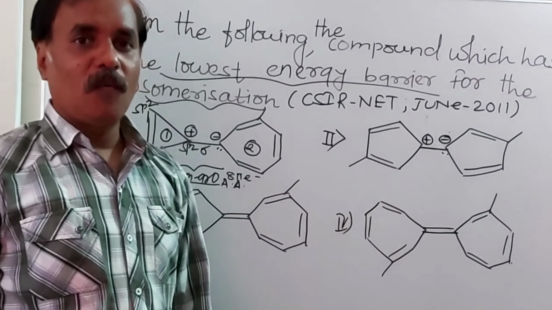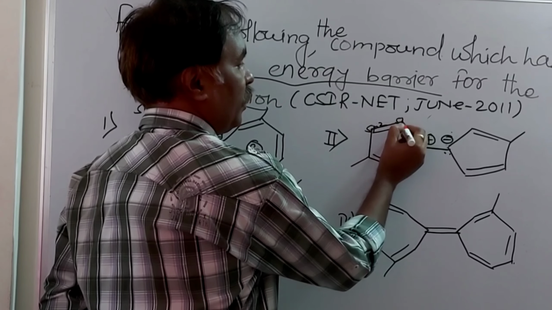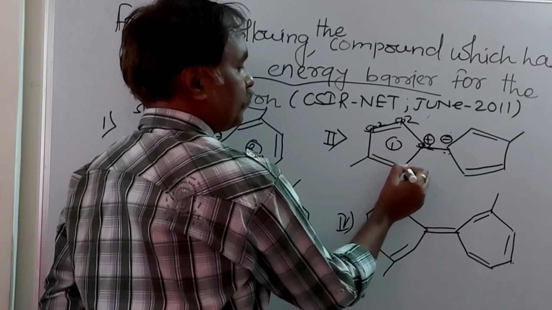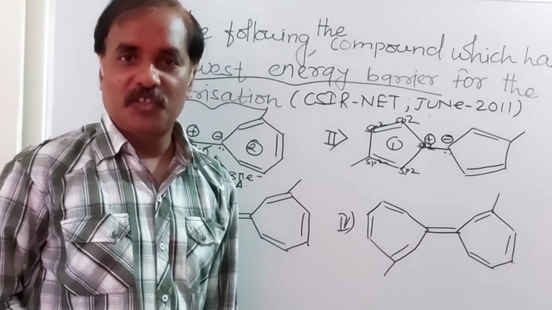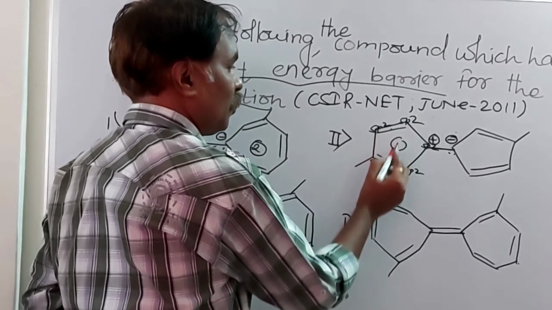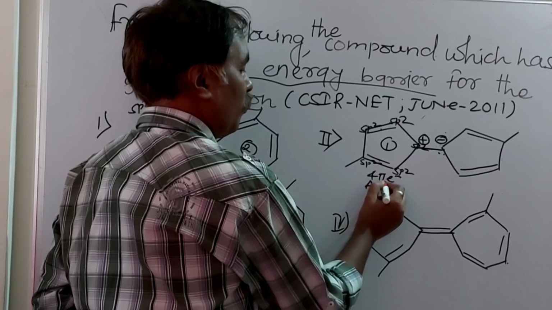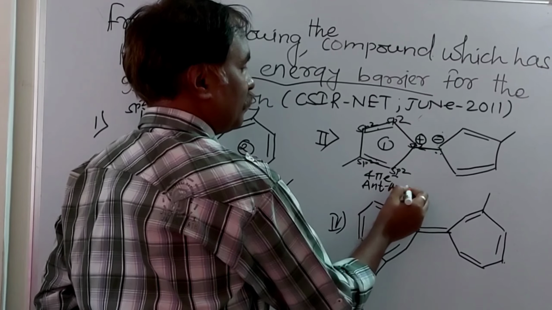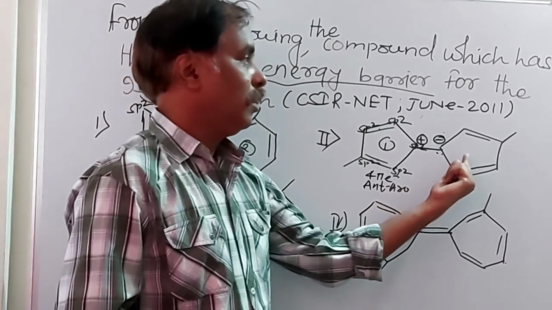Now take ring number 1. All carbon atoms are sp2 hybridized. It is planar. But how many Huckel's electrons are there? 2 plus 2, 4 pi electrons, and this is anti-aromatic. Ring number 1 is anti-aromatic.